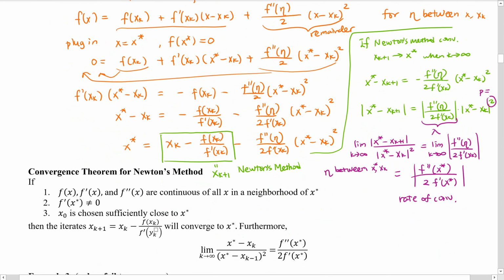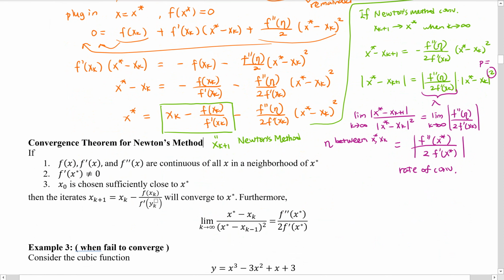Because we don't guarantee convergence, we have a convergence theorem for Newton's method. Here the conditions are very close to the convergence theorem for the secant method. First, we still need f prime and f double prime to be continuous for all x in a neighborhood of the true value.